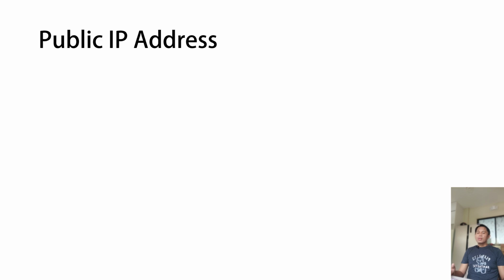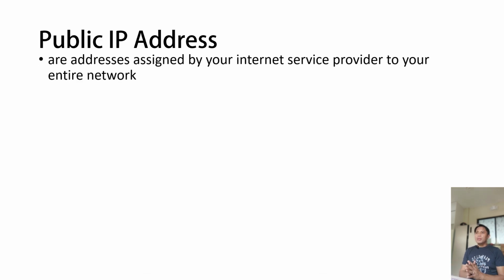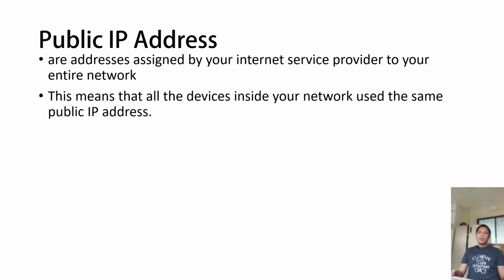Yeah? So public IP address. Public IP addresses are addresses assigned by your internet service provider to your entire network. So not on a single device, but to your entire network. So this means that all the devices inside your network use the same public IP address most of the time. But you can specify, let's say, for example, you have purchased a block of public IP addresses.